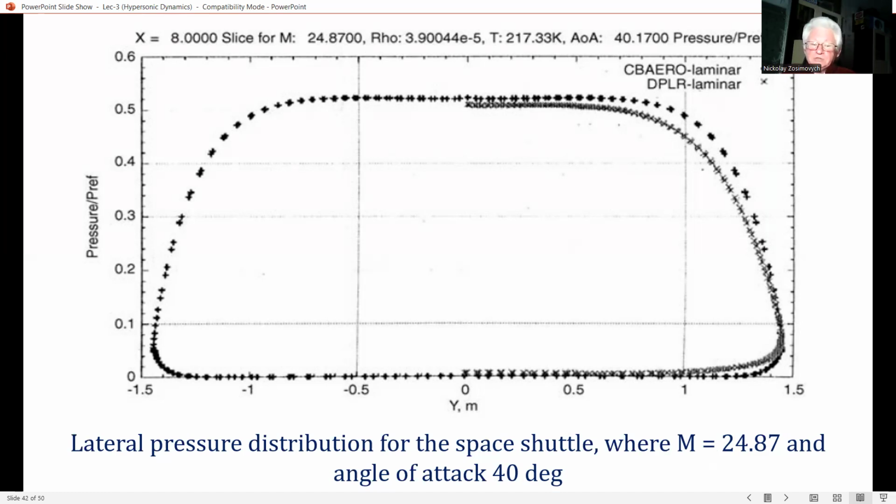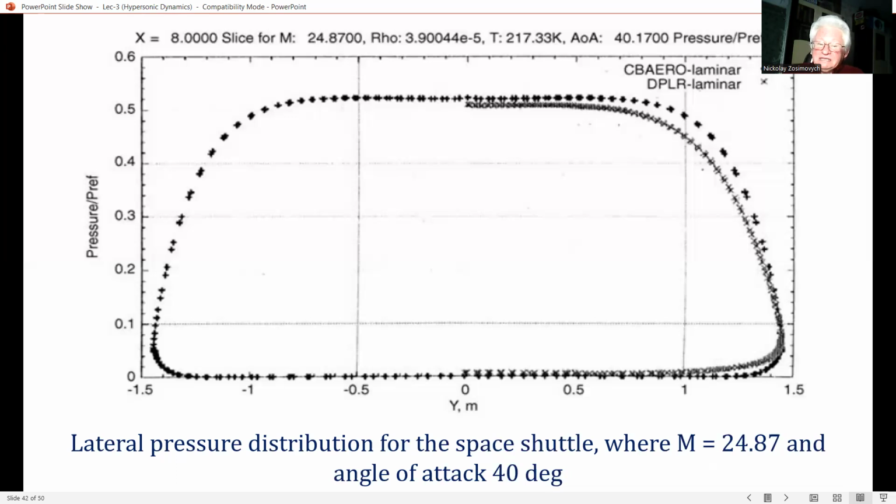The pressure distribution is plotted versus the lateral coordinate y and forms a looped curve, because at any given lateral location y, there is a surface point on the windward side and another on the leeward side. Okay? So the upper part of the loop, for the higher pressure, corresponds to the windward side, and the lower part of the loop, or the lower pressure, corresponds to the leeward side.